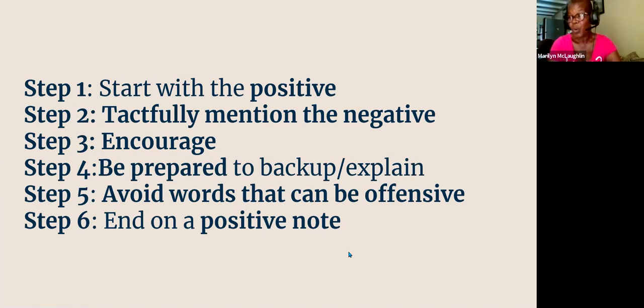So choose the words that you are going to use when you write negative things. There are negative things and we must mention them. We can't just pretty up things. We must let them know what we are experiencing that is not acceptable where the child is concerned.